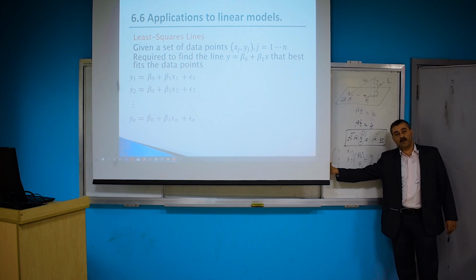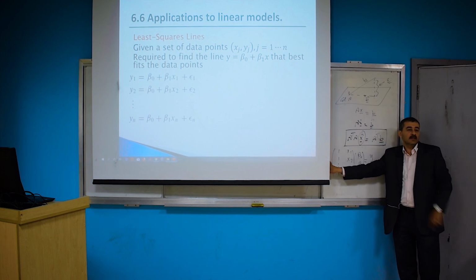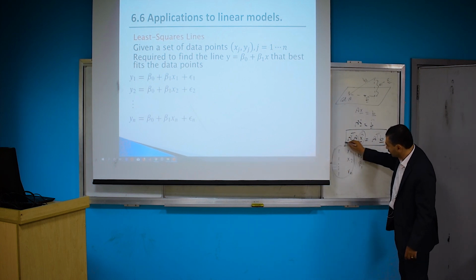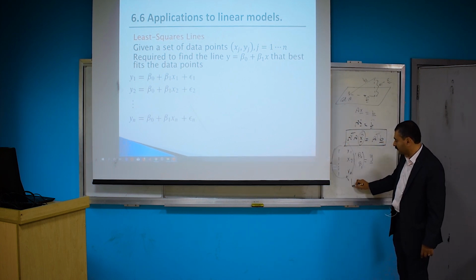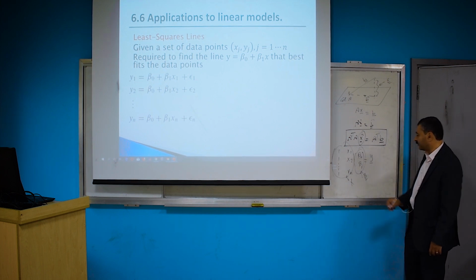Okay, so we'll find the least square solution according to this formula. We call this matrix big X, and this vector beta vector.